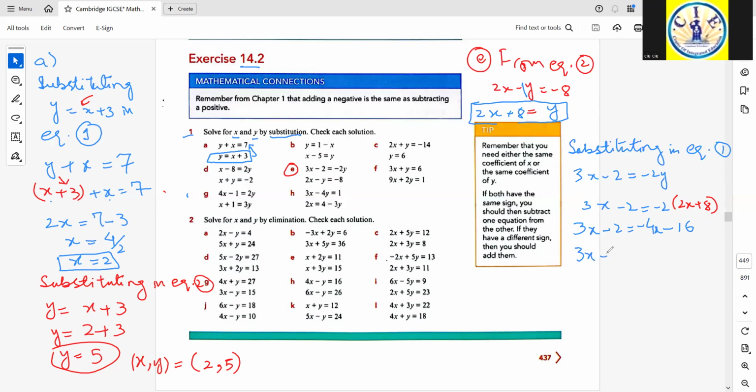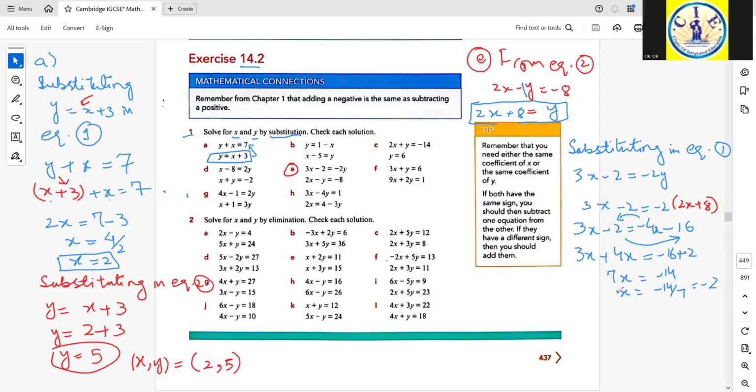Then 3x plus 4x, shifting this here, and -2 to the other side, -16 plus 2, that is -14. 7x is equal to -14. So the value of x is -14 by 7, that is -2.